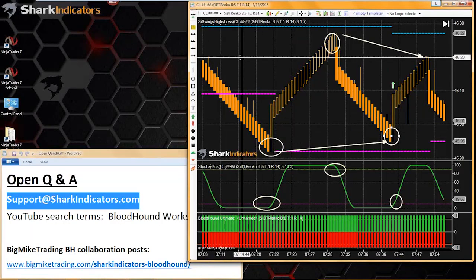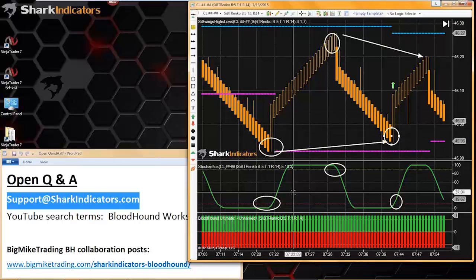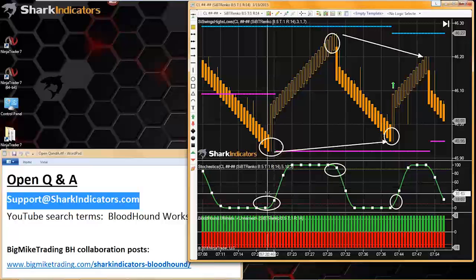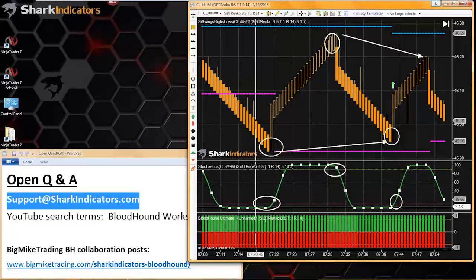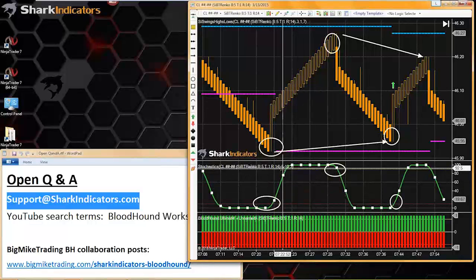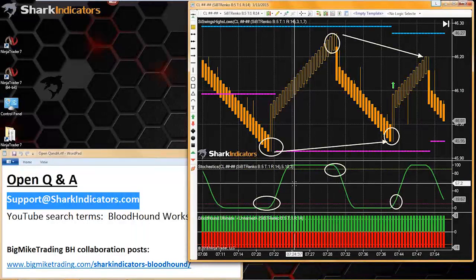All right, let's see. I did make some adjustments to the stochastics so that it moves into this oversold and overbought territory a little faster. The stochastics is using a 5 and 10.